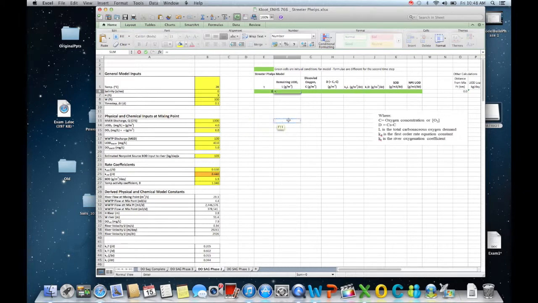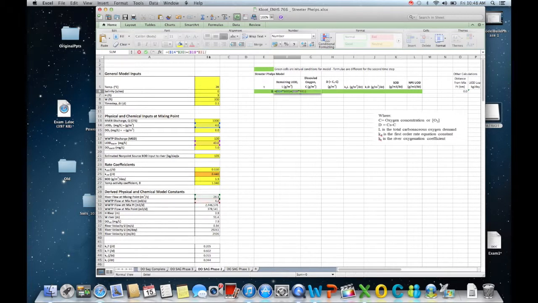So we're going to say our, I'm going to just open brackets here, our UOD in the stream times our flow at the mixing point, and I'm just going to take 28 meters per second, plus the UOD in the wastewater treatment plant, that's milligram per liter, times the flow.